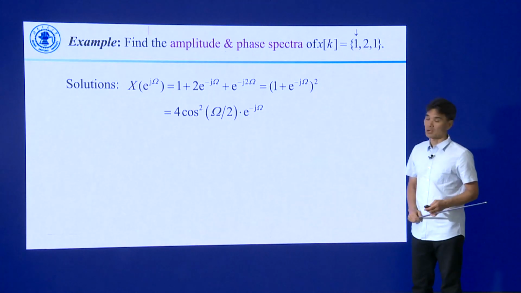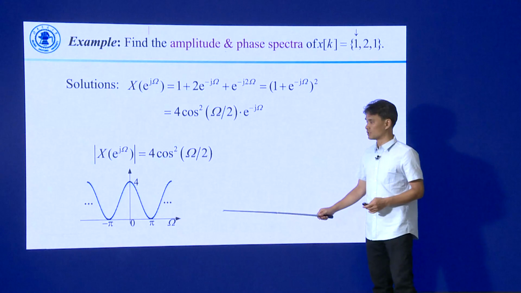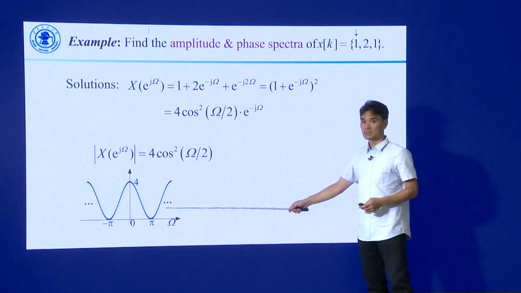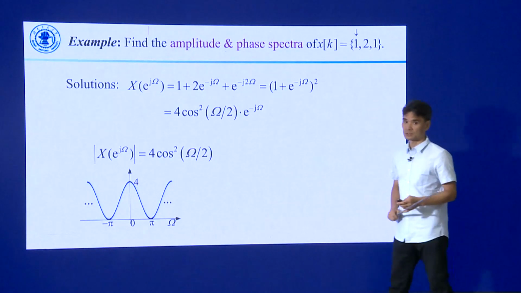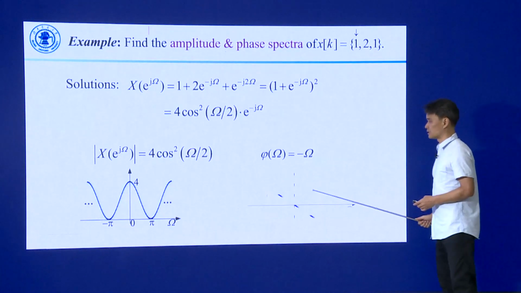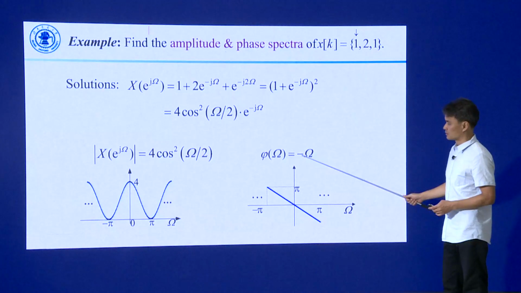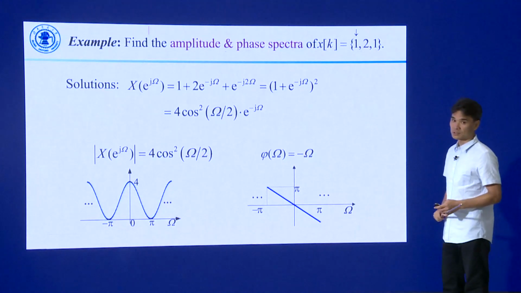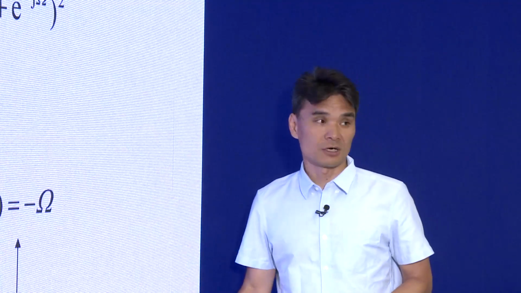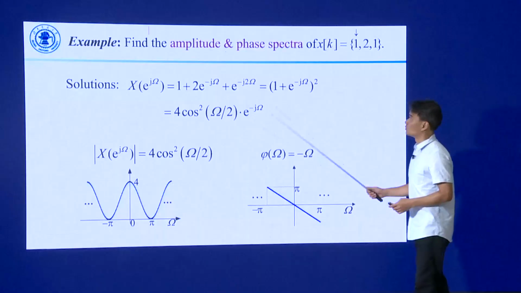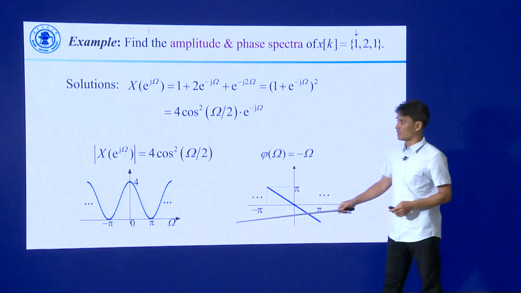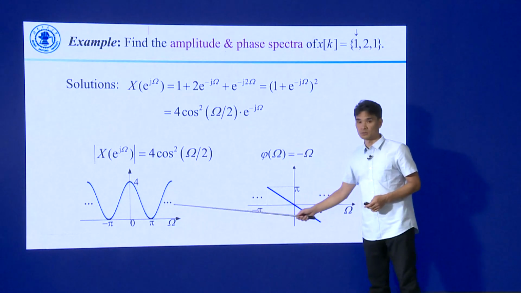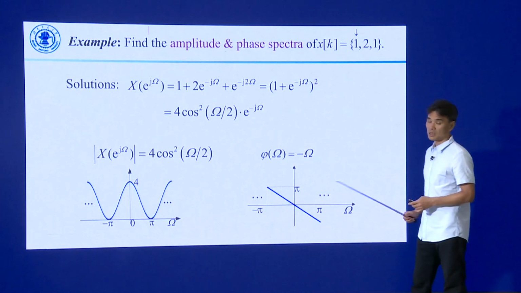And if we plot the amplitude spectrum, it will be symmetric with respect to the vertical axis. And this will be antisymmetric with respect to the vertical axis. And these results verified our understanding. When the sequence is a real sequence, then the amplitude is an even function, while the phase spectrum is odd.